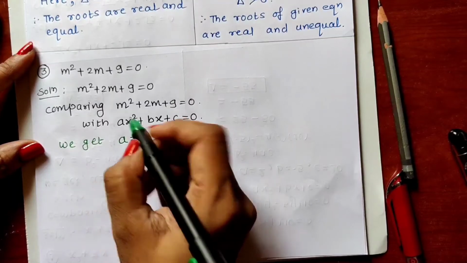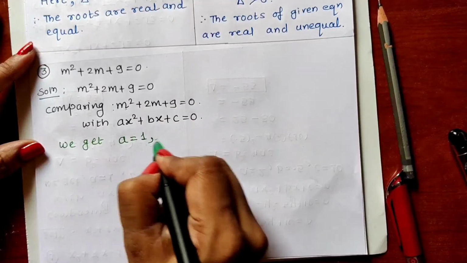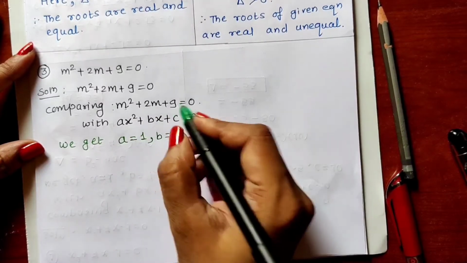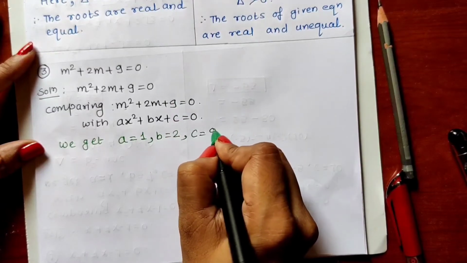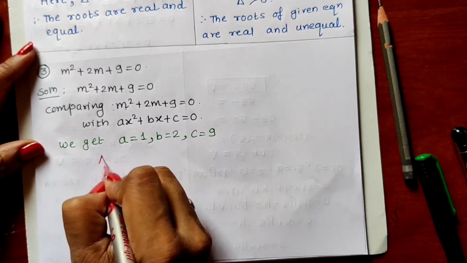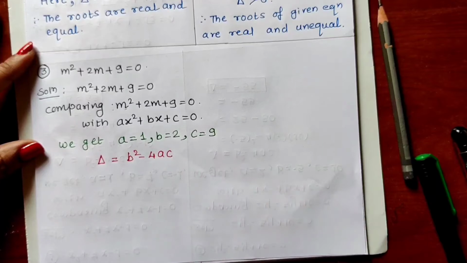a is equal to, now m square coefficient nothing is there, that means 1 is there. M coefficient is 2, that means b value is 2. C means constant, constant is equal to 9. Now we write discriminant is equal to b square minus 4ac. Put the values.